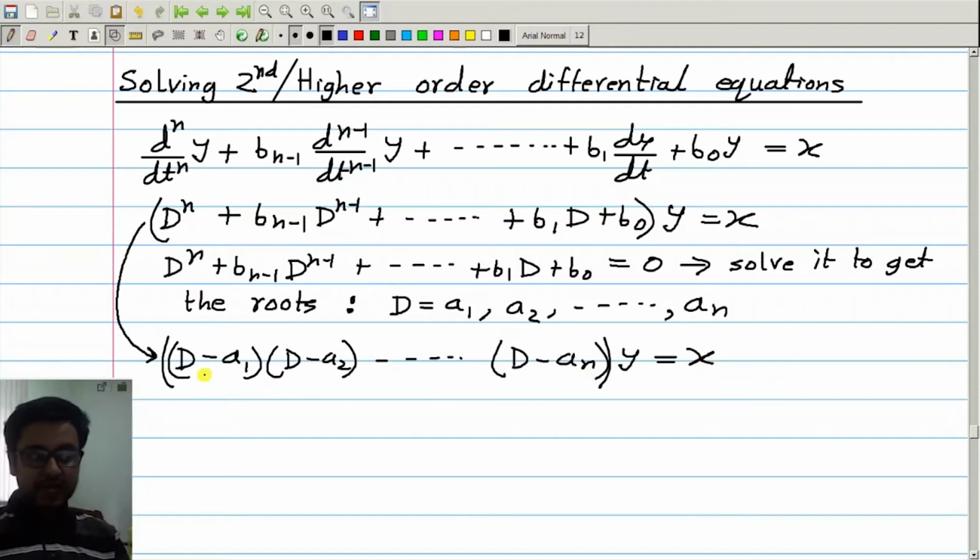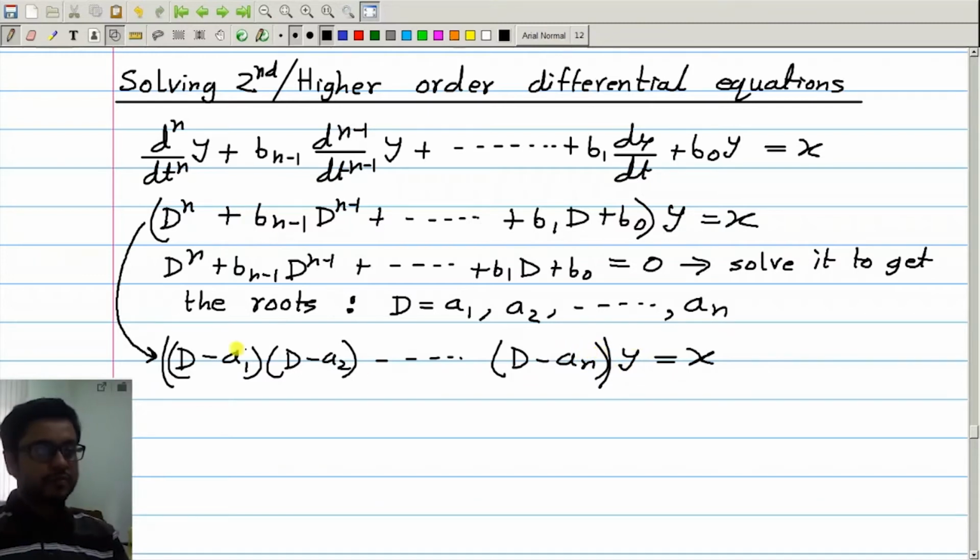By this time you know that this is not multiplication in the usual sense, rather it means that these operators act on y one by one sequentially.